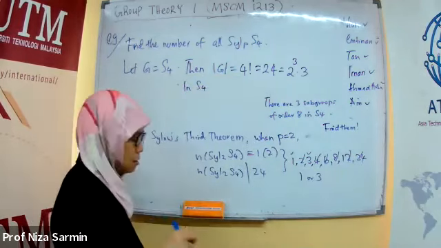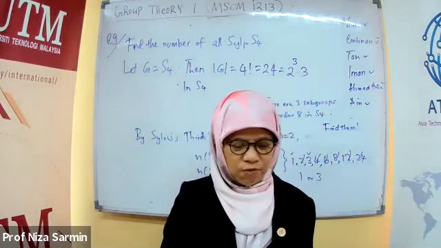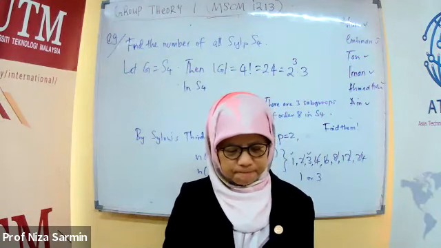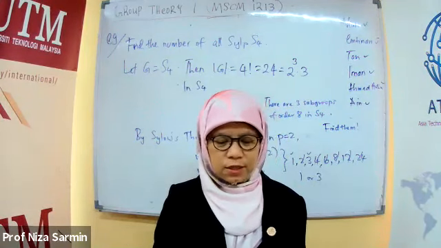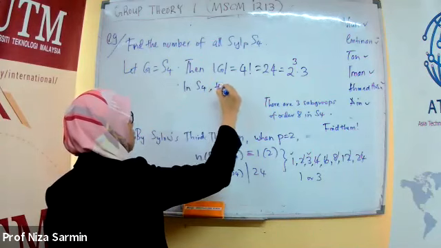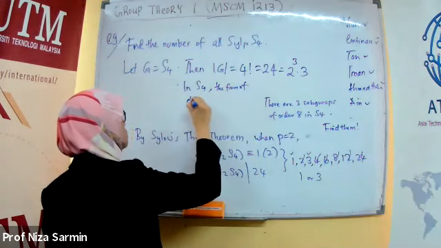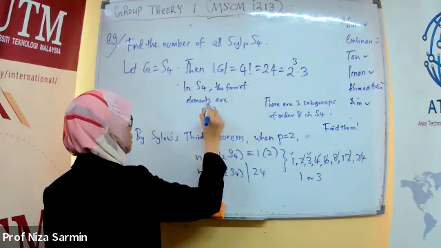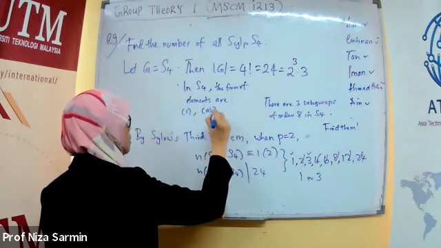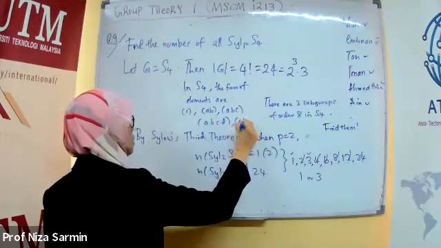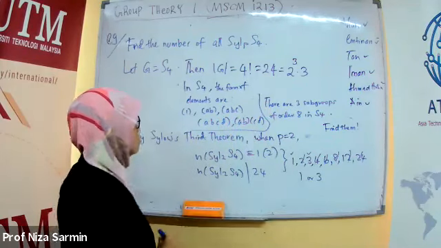You can see in the example in chapter 4, at the end, all 24 elements of S4 when we do permutations.